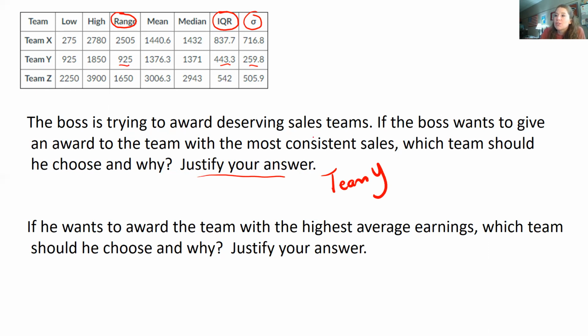All right, what about if he wants to award the team with the highest average earnings? Highest average earnings, which team would he choose and why? Well, we're going to obviously look at the high sales, but we also want to look at the highest average and make sure that this isn't just an outlier.